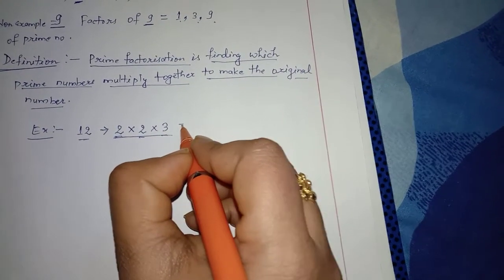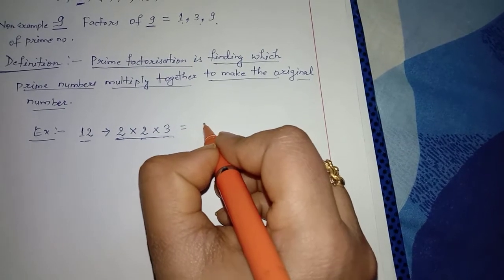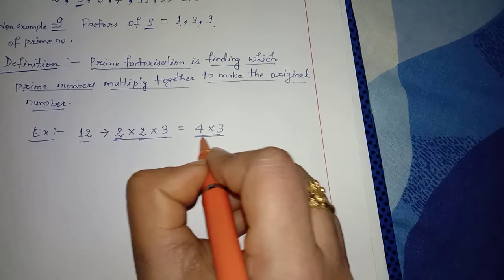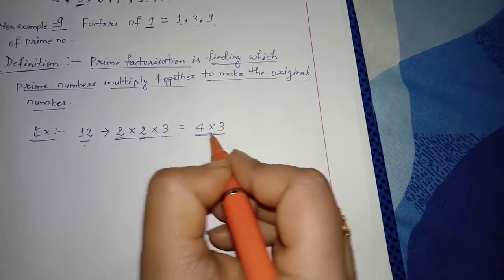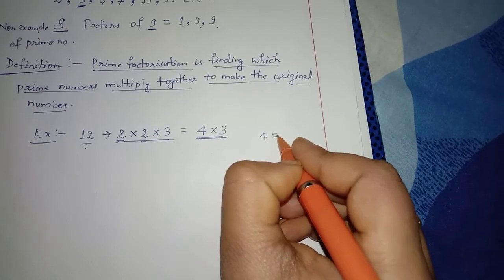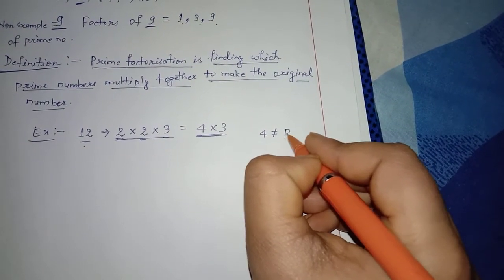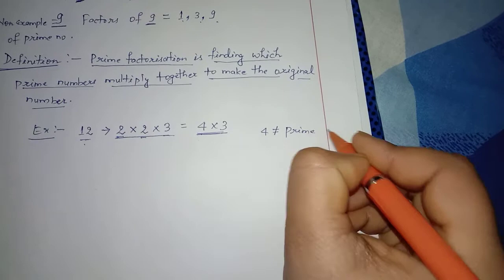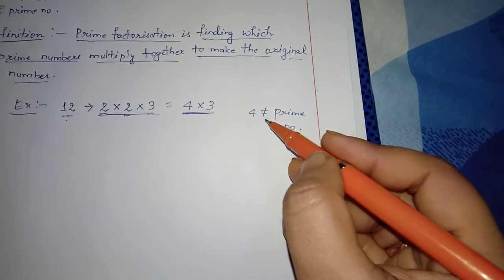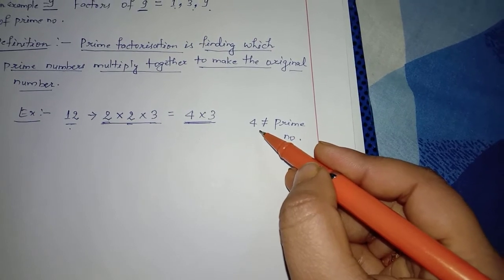At the same time, if I write 4 into 3, can we say this is the prime factorization of 12? No, because 4 is not a prime number. Why is 4 not a prime number?